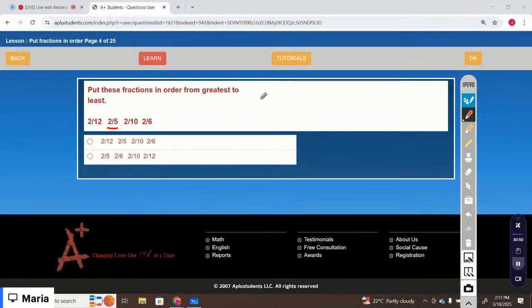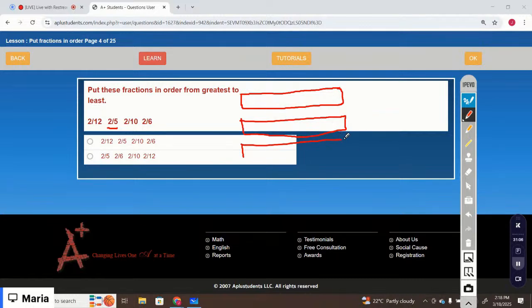Let's make exactly the same figure for all of them, the same length. That is the easiest way to compare the fractions.